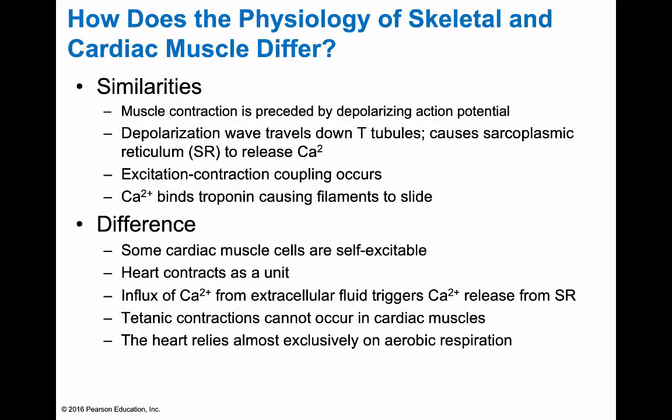The entire heart contracts as a unit. The influx of calcium from extracellular fluid triggers calcium release from the sarcoplasmic reticulum, which is different than what we had above. Tetanic contractions cannot occur in the cardiac muscles, and the heart relies almost exclusively on aerobic respiration.